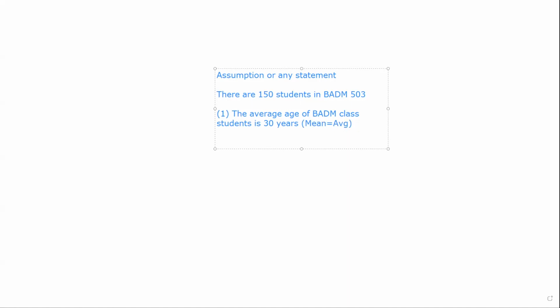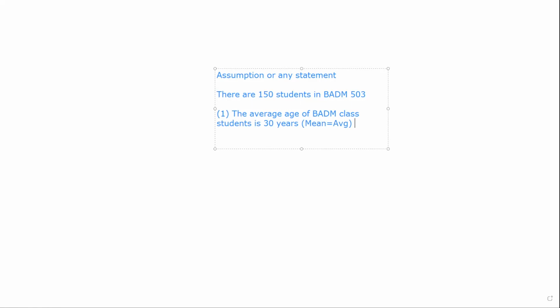I want to check it. So all 150 students are not available. I can get a sample of, let's say, 25-30 students, and based on that I can do that. This is just a simple example of 150 students. Think about a population where 100,000 people are there, or any population has, let's say, 5,000, 10,000.